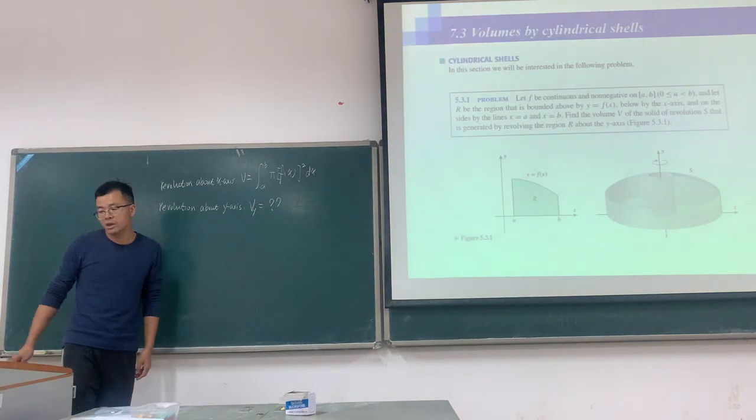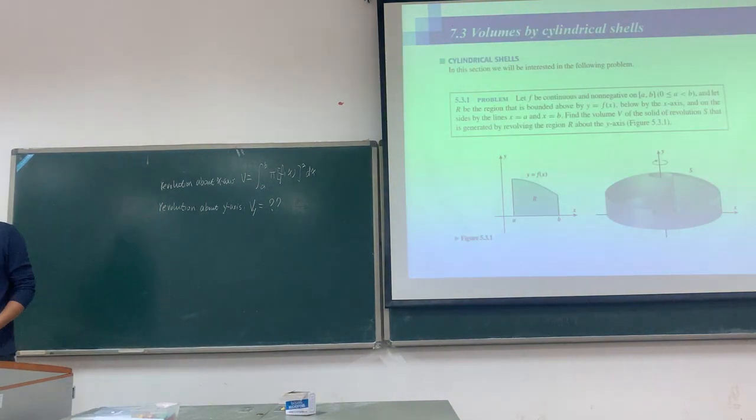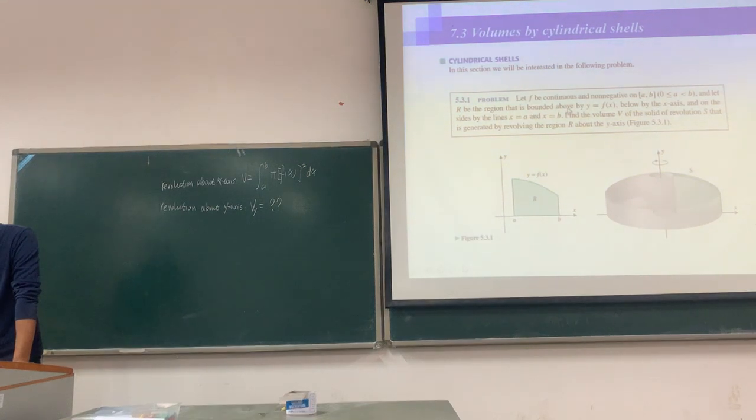So we have this problem. Let f be continuous and non-negative on the closed interval ab, where a is less than b. Let R be the region that is bounded above by y equal to f(x), below by the x-axis, and on the sides by the lines x equal to a and x equal to b.